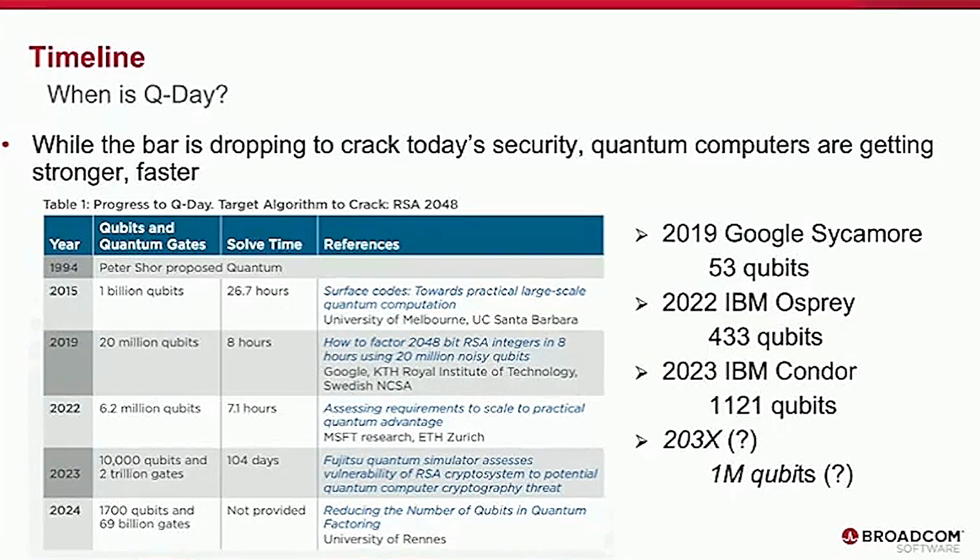A few years later, another project showed that you can do it in 8 hours with only 20 million qubits. In 2022, so 3 years later, 7.1 hours, but with 6.2 million qubits, right? So basically what you see is that the bar to break 2048 is gradually coming down as new and better ways to use quantum computers are being defined.